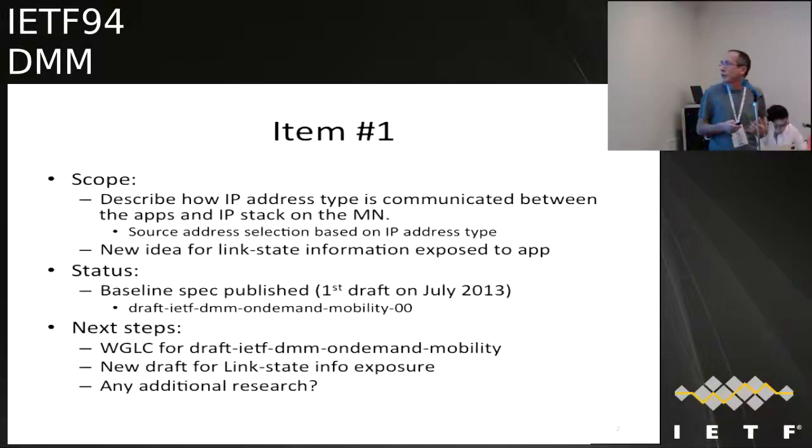We have the on-demand mobility draft, which was adopted by the working group, and it has been there for quite a while. No new inputs, and we were asking to initiate a working group last call last fall for this document.